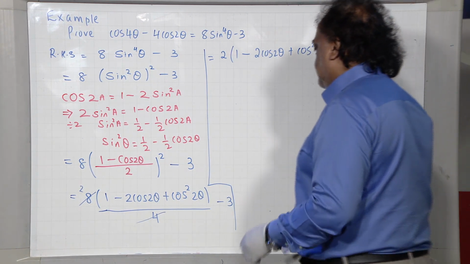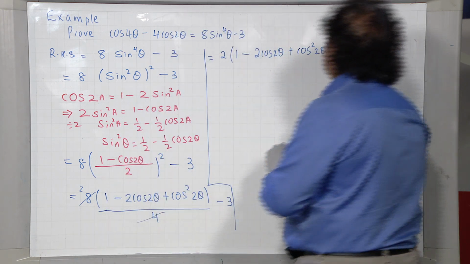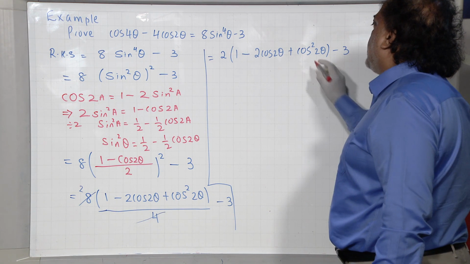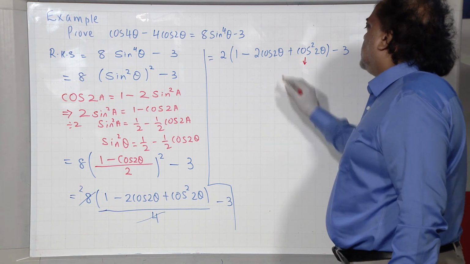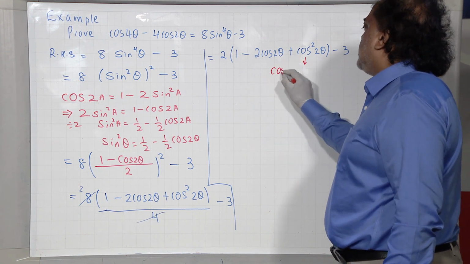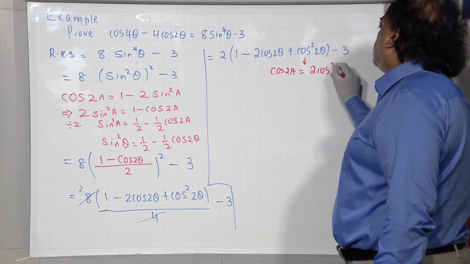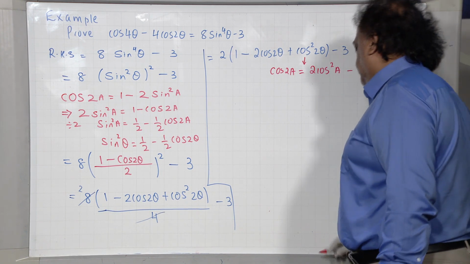Now, once again, I see cos squared 2 theta, so I decide to use my double angle formula, cos 2a is equal to 2 cos squared a minus 1.